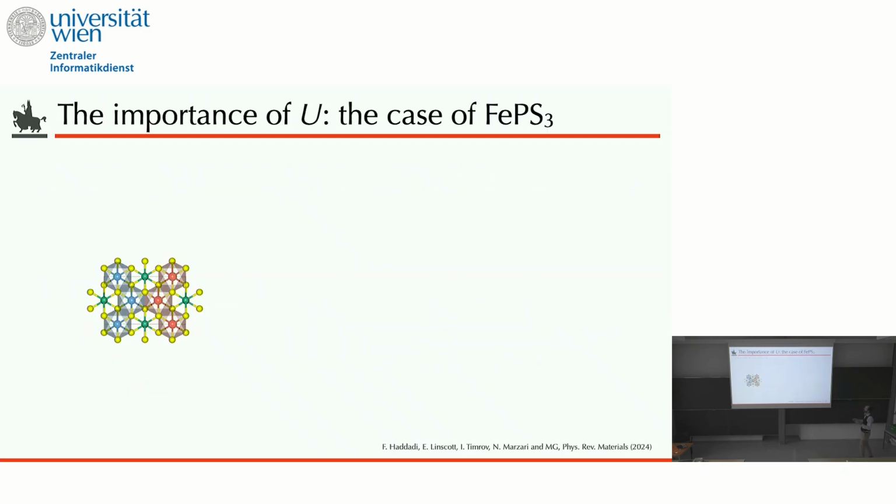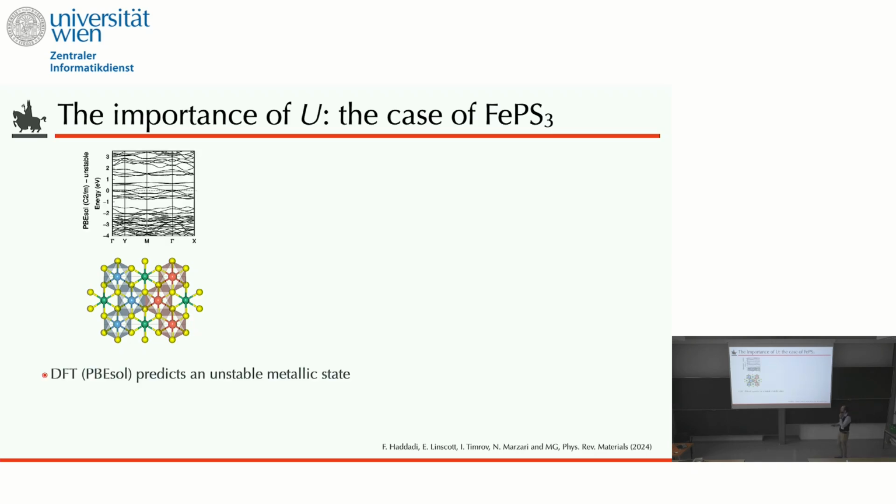Now, this approach has been used in manifold examples. There is a long list of success stories for DFT plus U, maybe not so long in the case of 2D materials. So let me do a bit of self-advertisement in the case of iron phosphorus trisulfide, where if you do just a simple DFT calculation, you get that for the experimental crystal structure it's metallic and unstable, so you have unstable phonons.